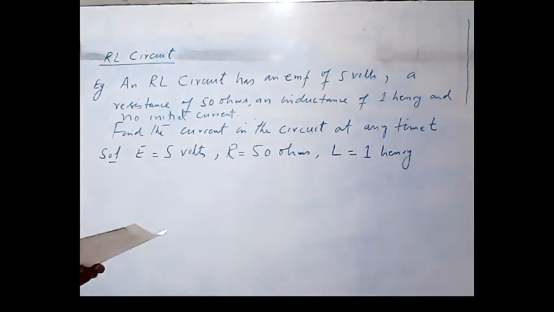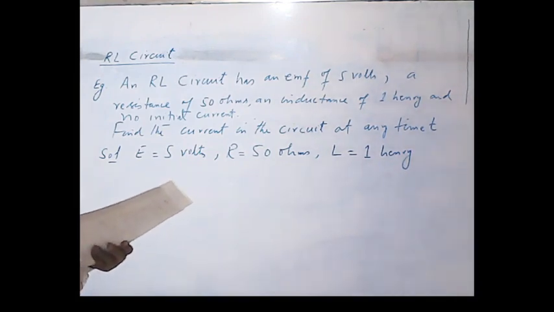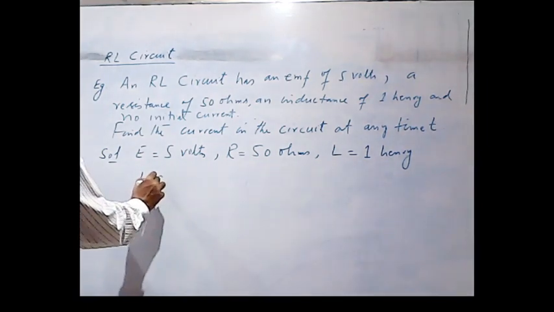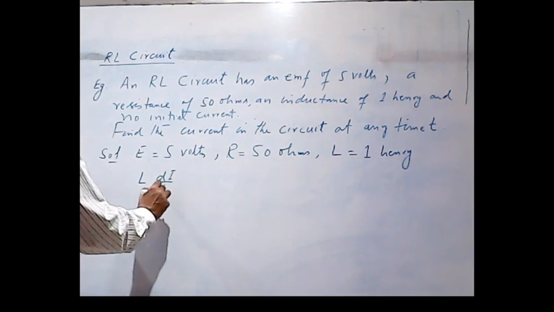The general solution involves a complicated situation, with integration with respect to the power of the exponential, then negative, then divide. So it is easy to use the circuit model L di by dt.